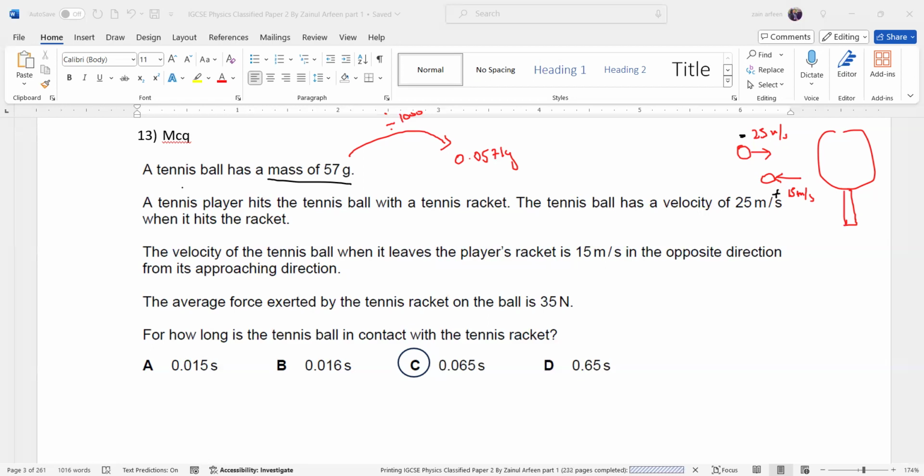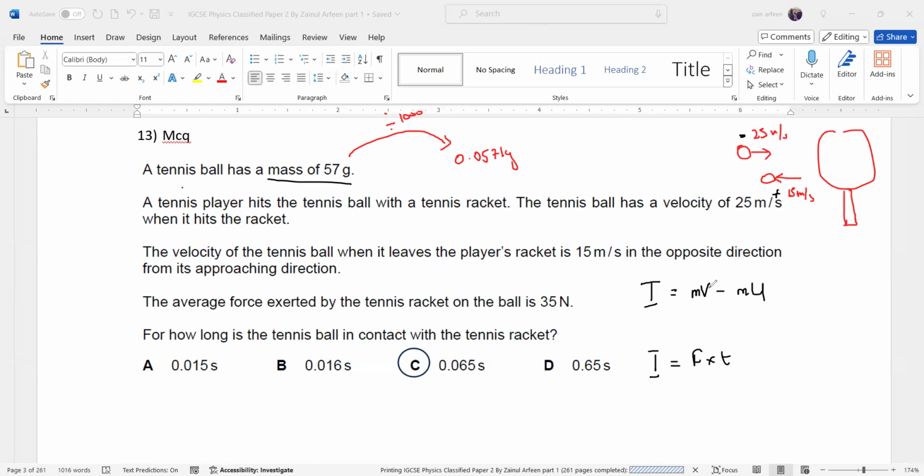Now, recall the formulas which are related. We have the formula for the impulse. Impulse is the change in momentum, mv minus mu. And there's also another formula for the impulse: impulse is force into time.